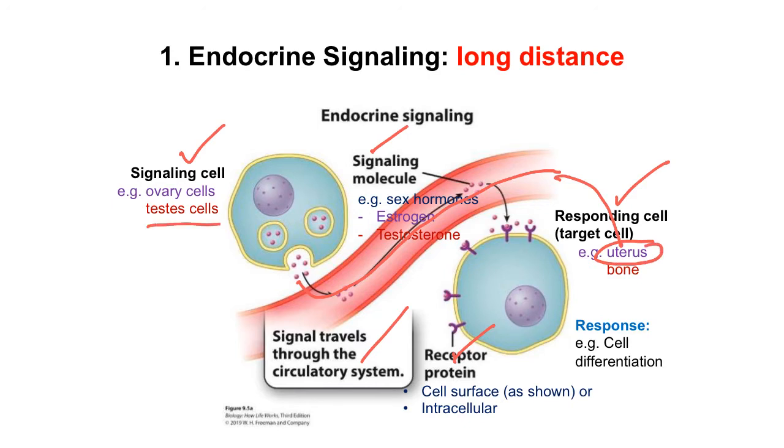In males, testis cells can also secrete a different kind of hormone, and again it travels to its target cell or tissue. In this particular example, it would be the bone.